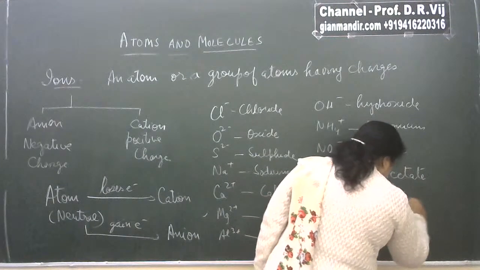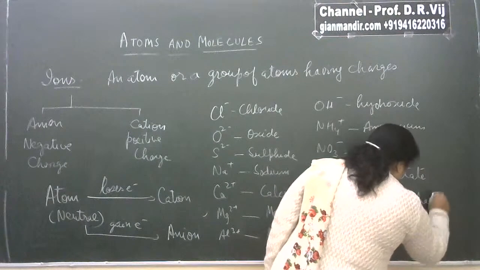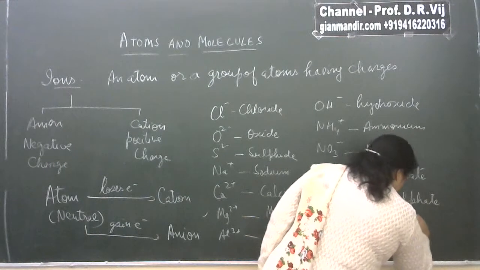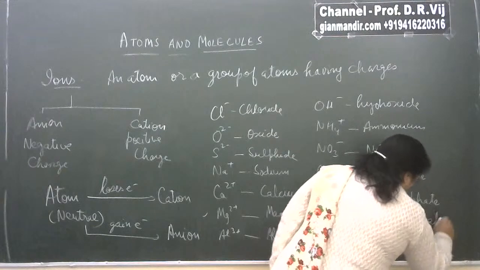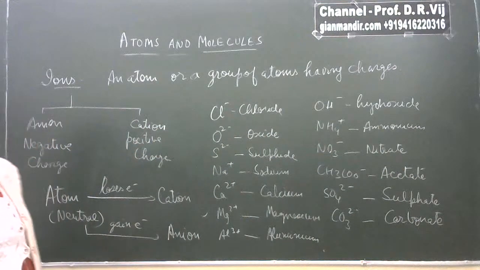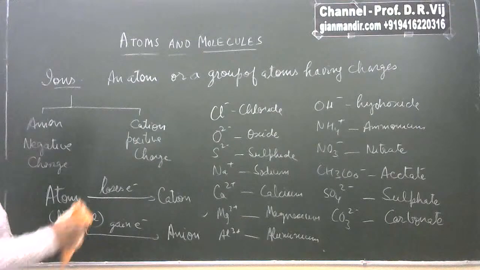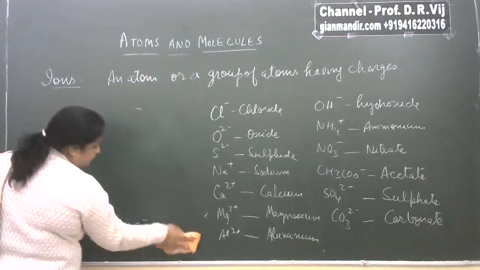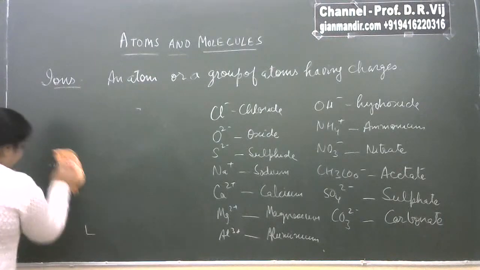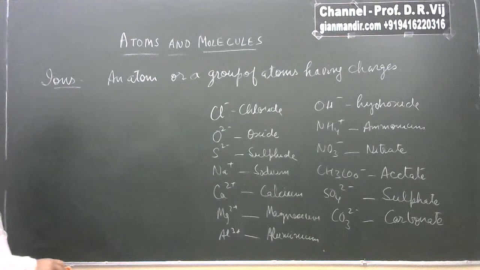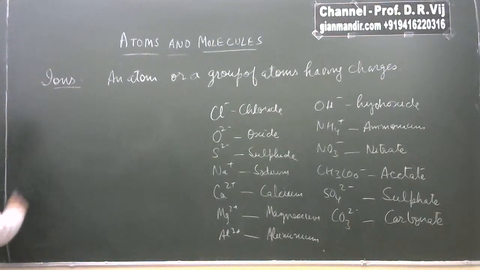SO4²⁻ is sulfate, and CO3²⁻ is carbonate. These are some of the ions. Such a list or table is given in your books that you must learn in order to be capable of writing the formula of a given ionic compound.